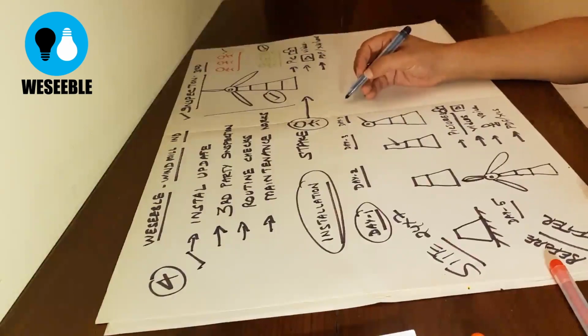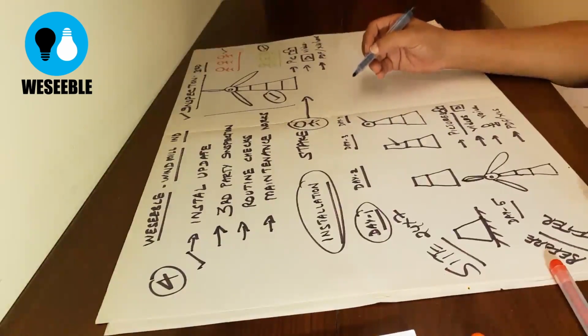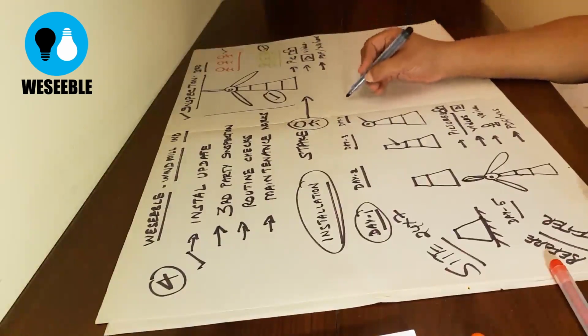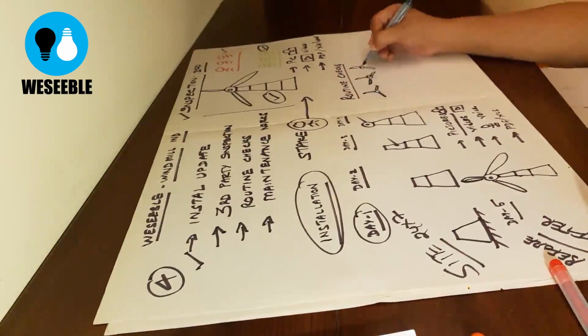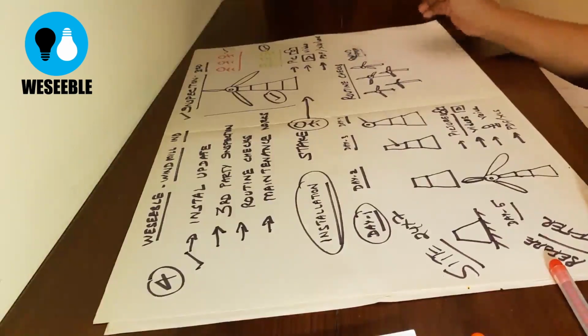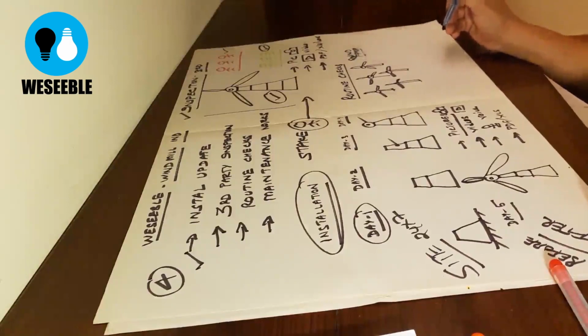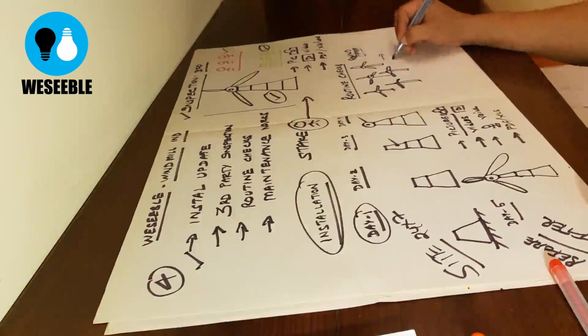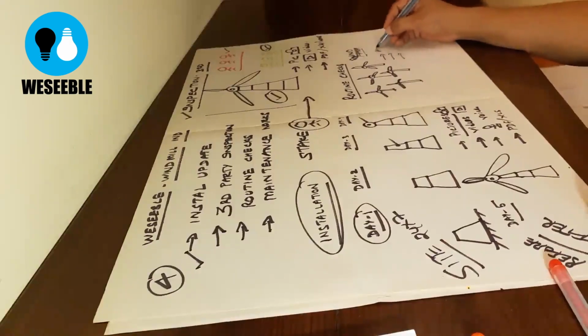And then the next important area where Weseeble finds its application is routine checks. So let's say that this is a wind farm, and as you all know, every wind farm requires a routine check of various mechanical parts, electrical parts, and hydraulic parts.